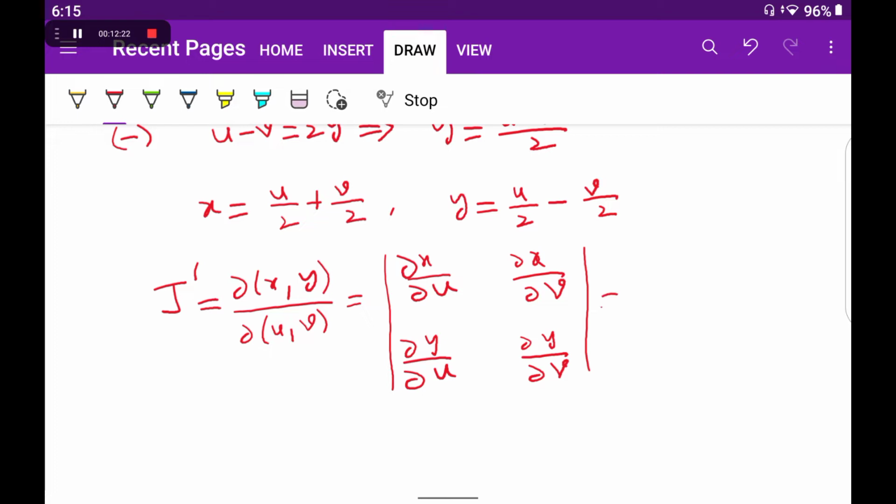Now we are differentiating x with respect to u. In the first term we have u by 2, so the derivative is 1 by 2, plus in the second term there is no u, so the derivative is 0. Derivative of u with respect to u is 1.